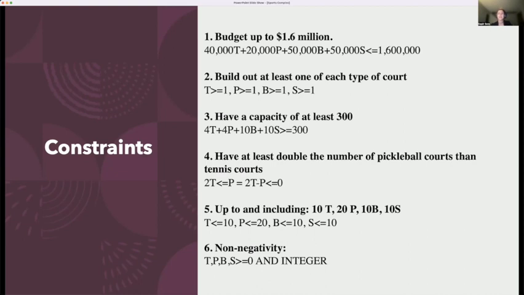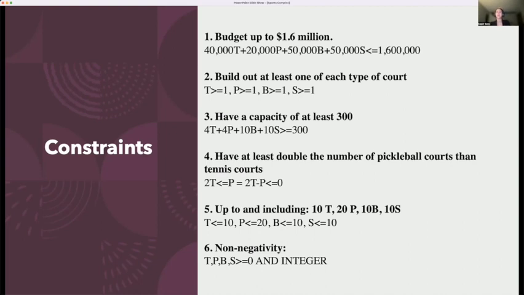The fifth constraint states that it should be up to and including 10 tennis courts, 20 pickleball, 10 basketball, and 10 squash. This adds another constraint for the number of courts, and it was important so that the model doesn't create an infinite number of courts or some ridiculously high number that doesn't make sense. The investors have provided me with these limitations so that I can tell the model not to create a number of courts greater than these respective limits.